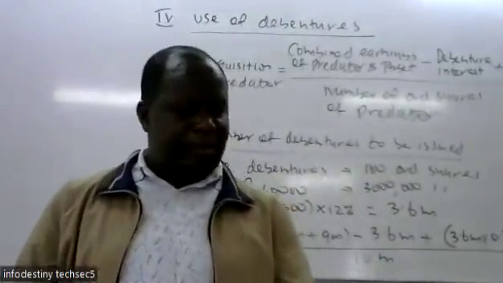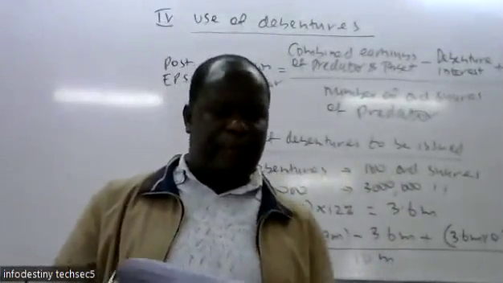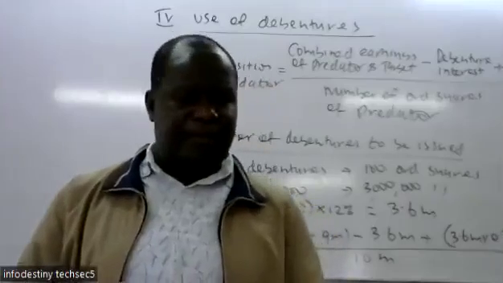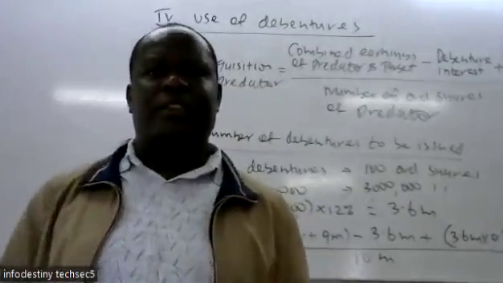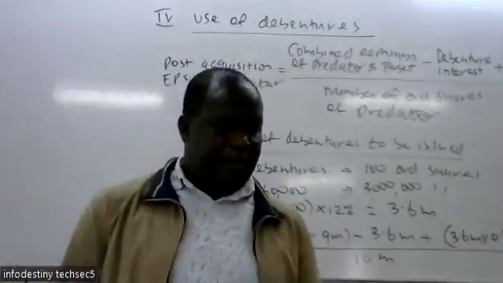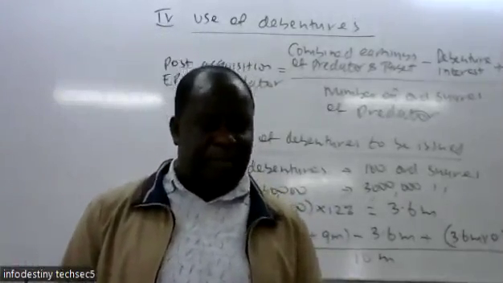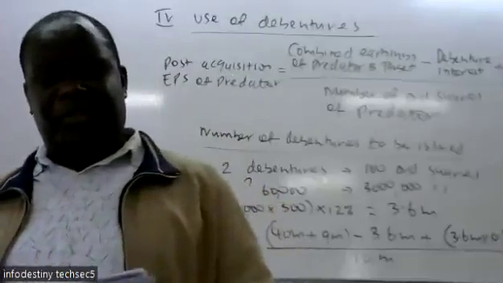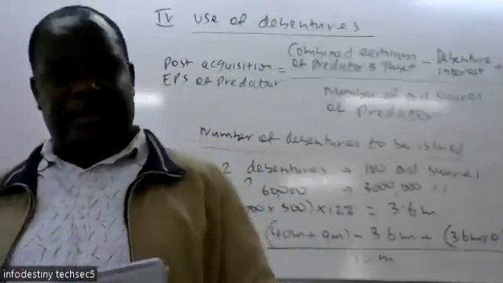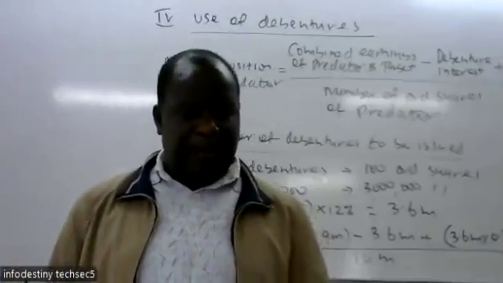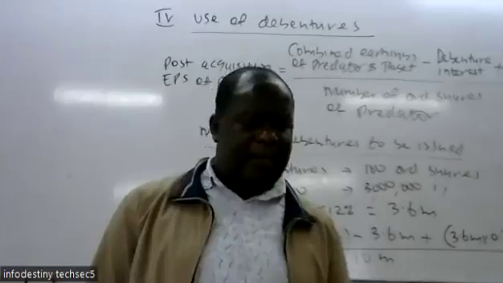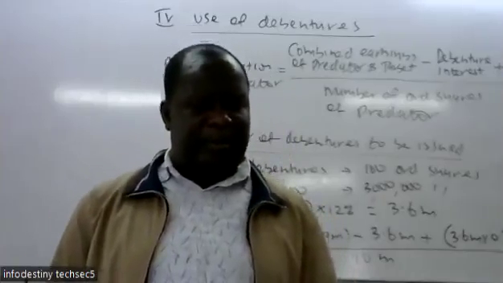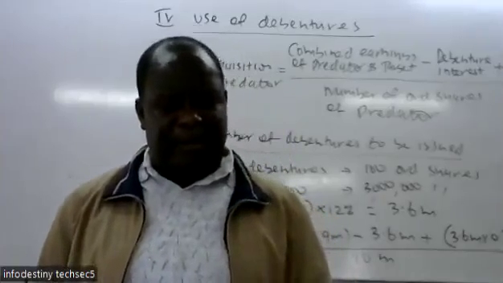So the November 2020 question number 4, part A, reads that Yolanda Engineering Works is contemplating the purchase of a new machine to replace the existing one. The existing machine was purchased 2 years ago at an installed cost of 500,000.